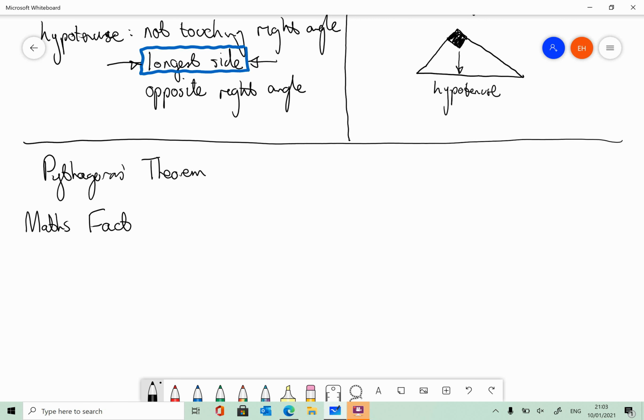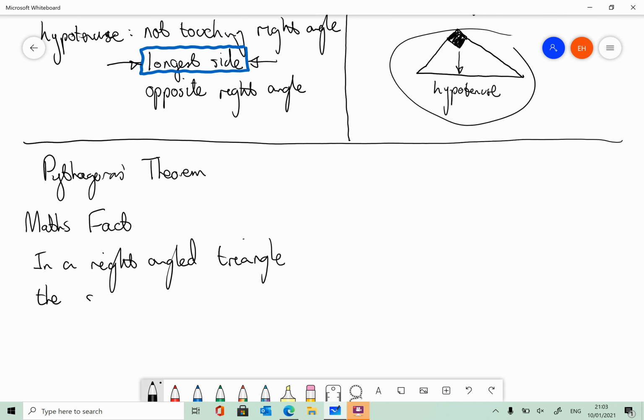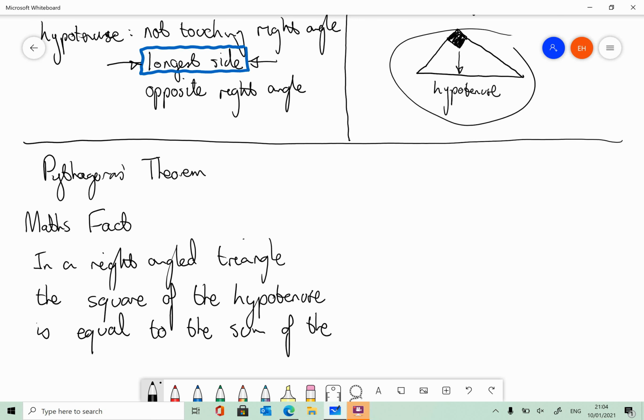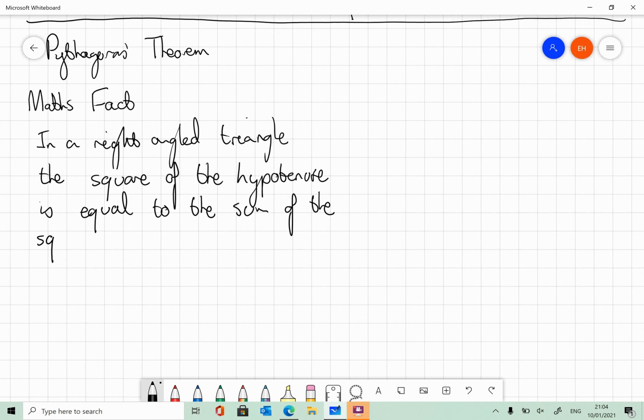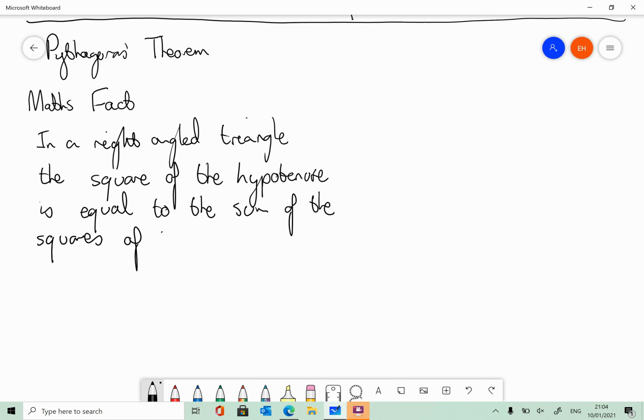It's a fact that in a right angle triangle, so that's what we were talking about over here, in a right angle triangle, the square of the hypotenuse is equal to the sum of the squares of the other two sides.